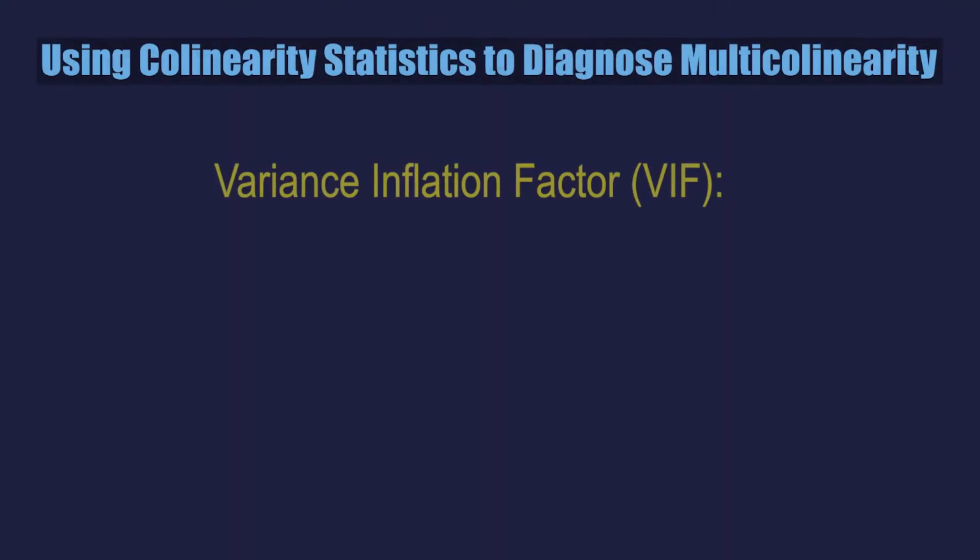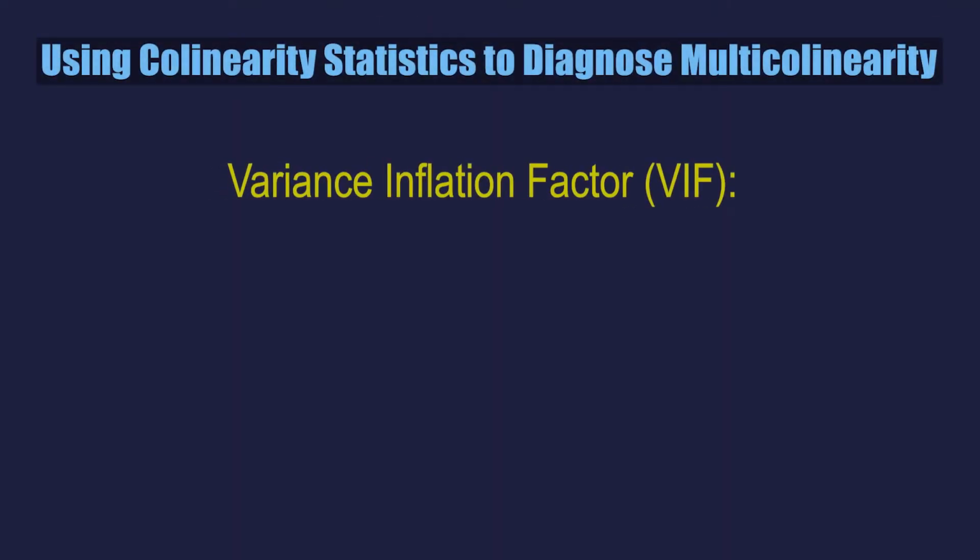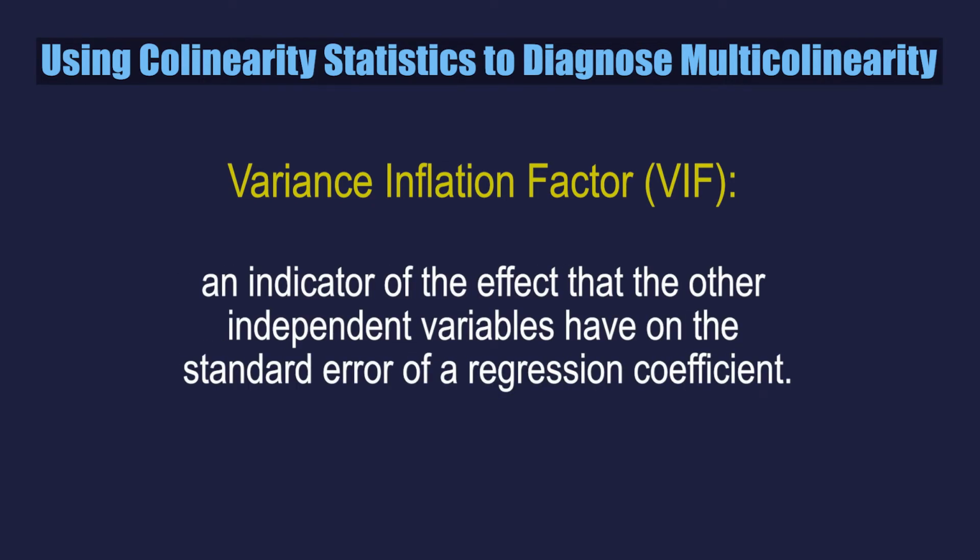So to understand the tolerance level, we actually have to compute a statistic which is called variance inflation factor or VIF. This variance inflation factor is the indicator of the effect that the other independent variables have on the standard error of the regression coefficient. We go by the VIF.